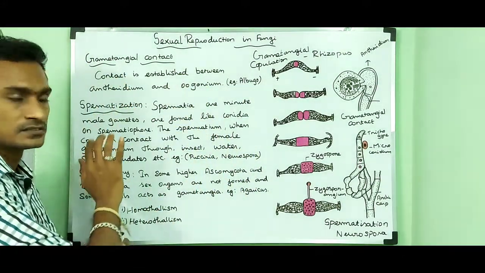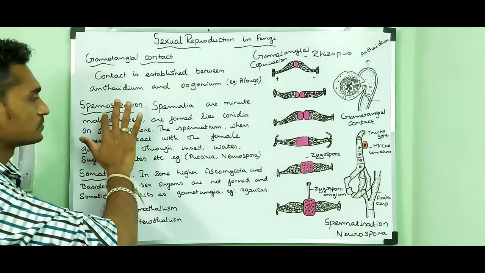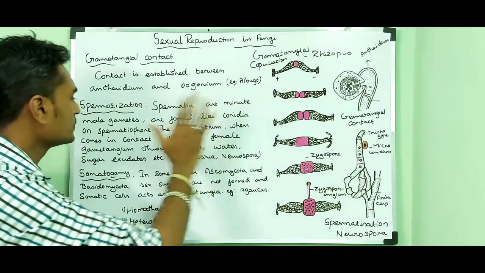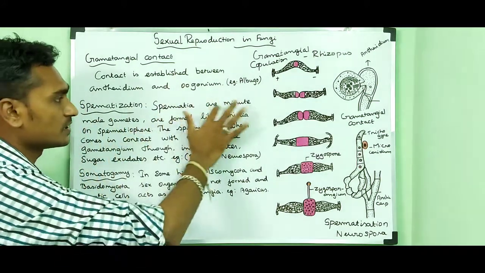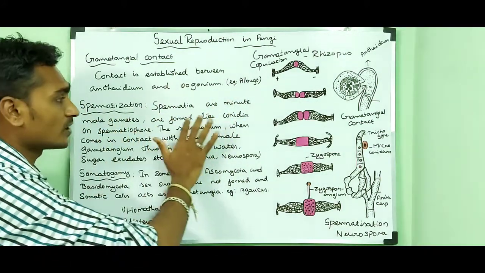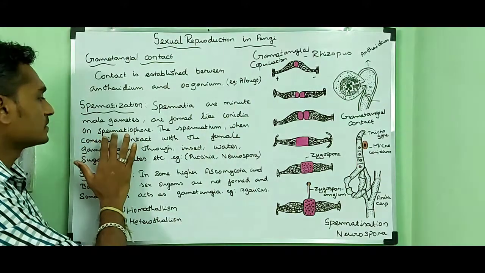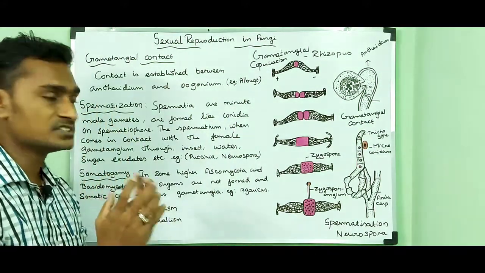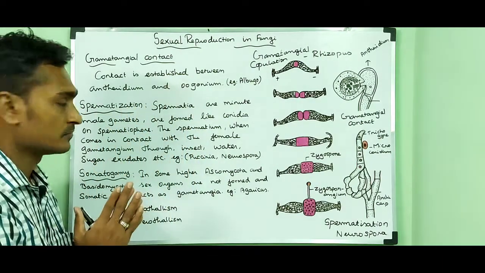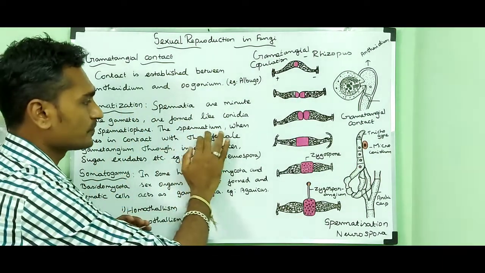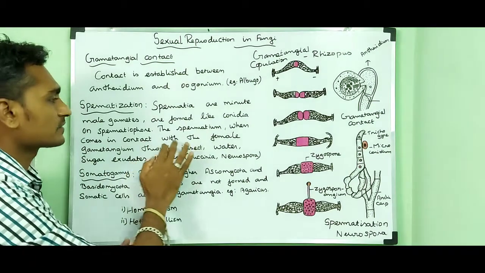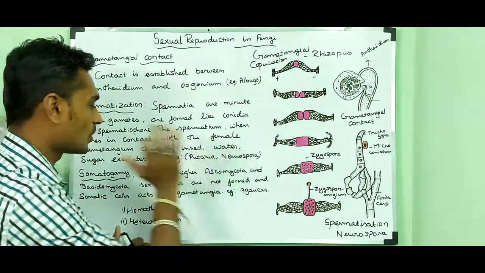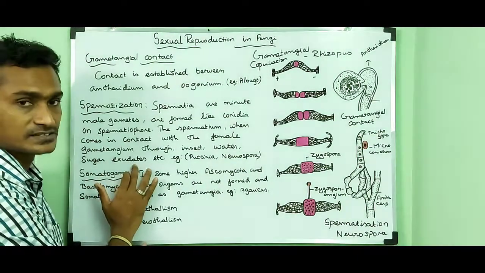Then the next type is spermatization. Spermatization means the spermatia are minute male gametes formed like gonidia on spermatiospore. Spermatiospore means a stalk which bears the spermatia. Then the spermatium comes in contact with the female gametangium through insects, water and sugar exudates.